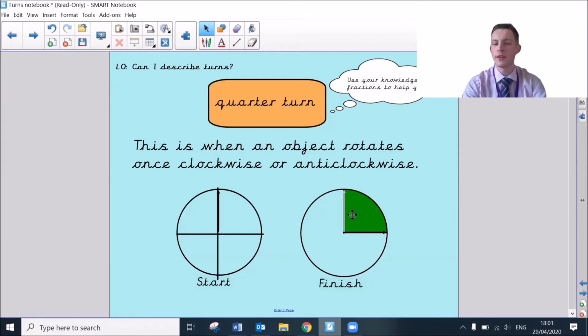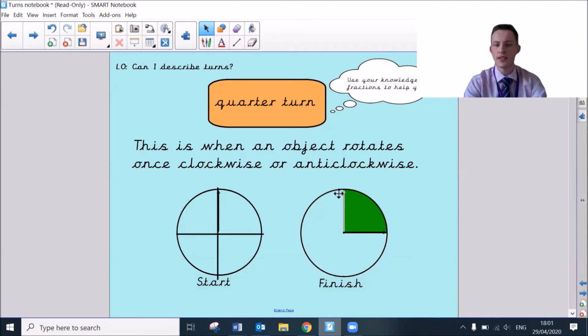And a quarter is when you've done a turn of 1. You've done 1 turn. You've not done a full turn. You've not gone all the way around and started back at the beginning where you were originally facing. You've done 1 turn going from this point here down to this point here, and you can see the bit that's coloured in green there.